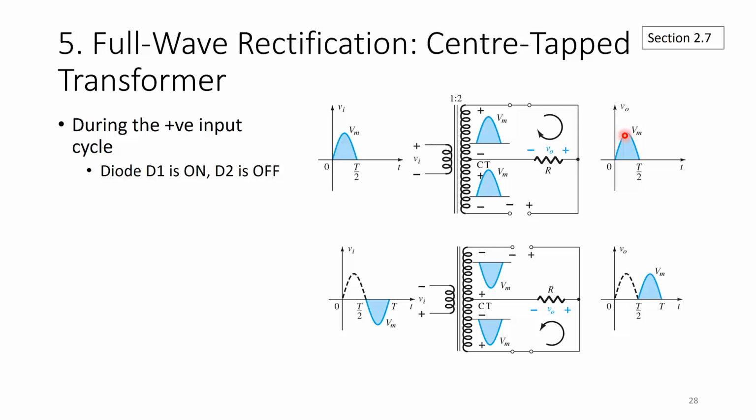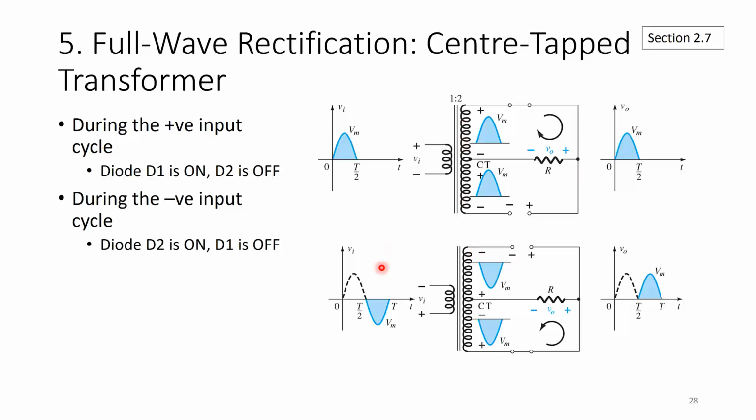Okay, so during the negative input cycle, now when the cycle is negative, the top part is also going to be negative, with the lower potential going to be connected to the positive terminal, so it's going to be in the opposite direction of current flow, so this one is going to be open circuit.